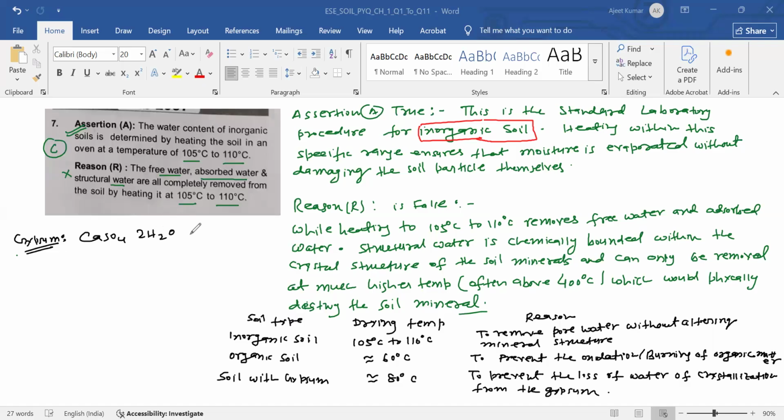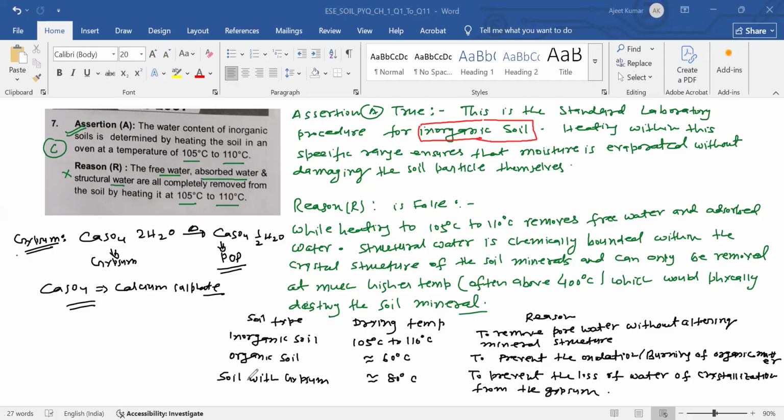If you partially heat gypsum, it becomes plaster of Paris, and plaster of Paris is CaSO4 half H2O. This is plaster of Paris, POP, and this is gypsum. CaSO4 is calcium sulfate, anhydrite. So this is all about question number 7.